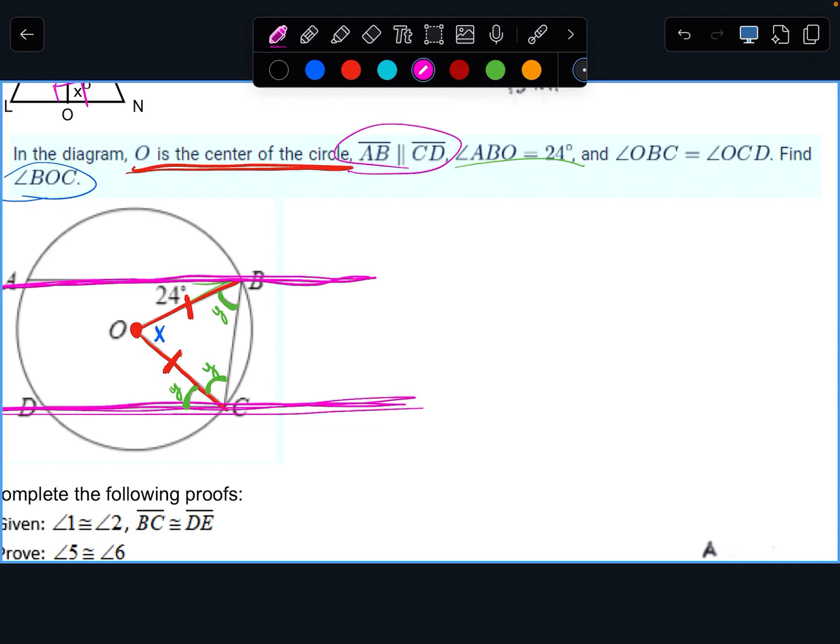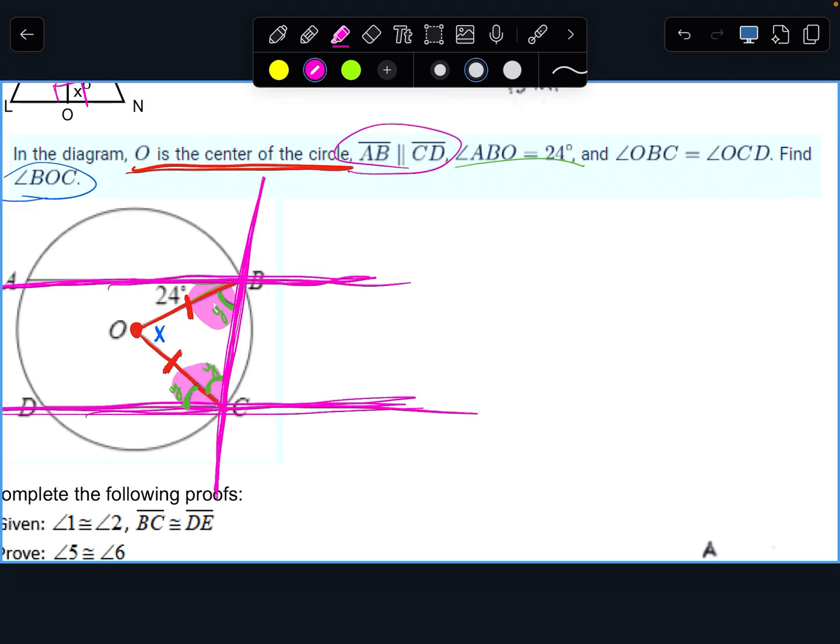Then, they're not going to say parallel for fun. You're going to have to use it. So I'm going to draw my transversal next to all the angle stuff that is not there. And if you can see it, these two angles are same side interior. So they're making you do circles. Guys, stop.